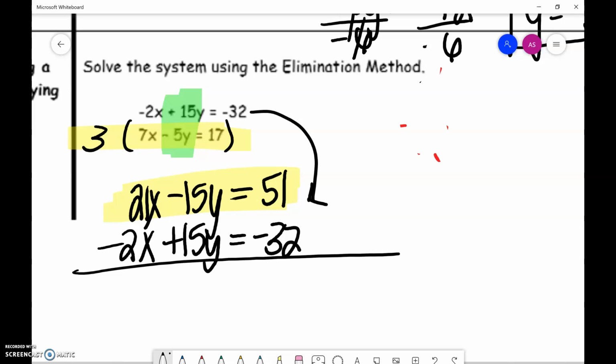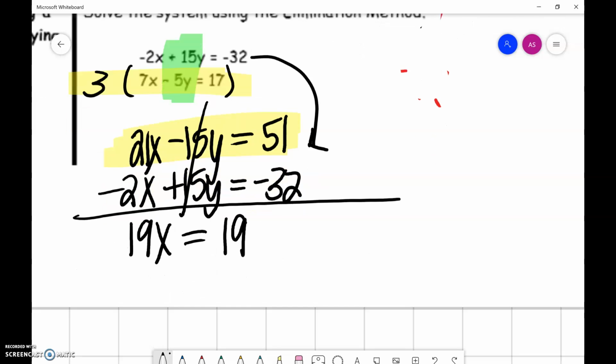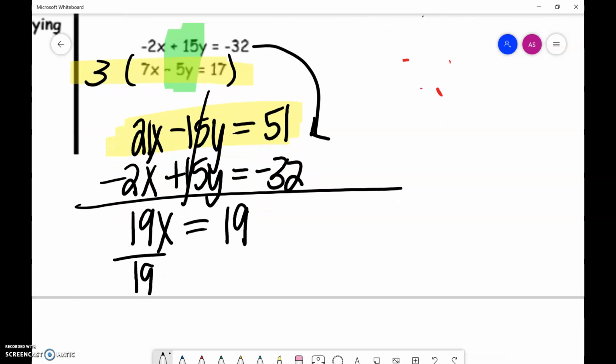So I have 21x minus 2x, that will give me 19x. These will cancel out because I have my negative 15y and positive 15y. And then here I have 51 minus 32, which gives me 19. Then my last step, I divide both sides by 19 and I get x equals 1.